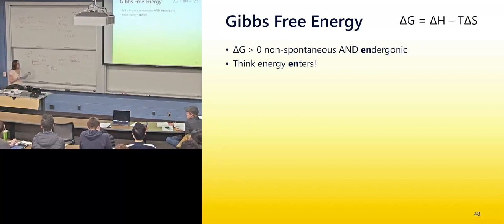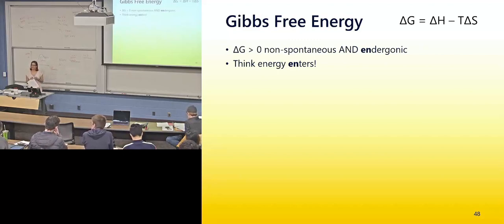Right. And then which part of this table here are we always going to have a non-spontaneous reaction, or always have a positive delta G? Bottom right, okay? Always non-spontaneous.